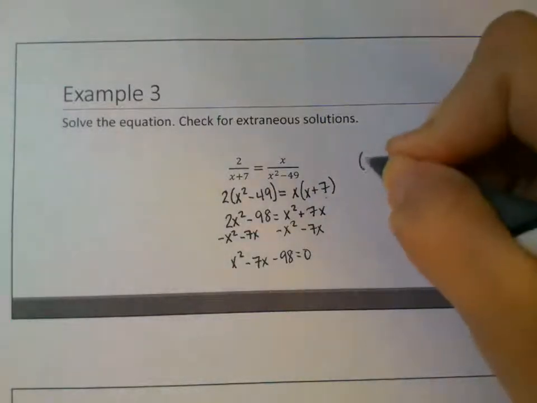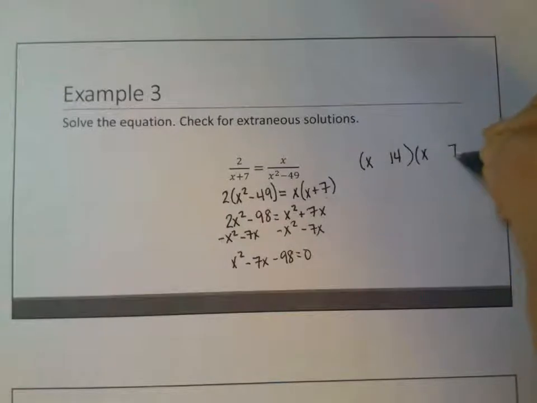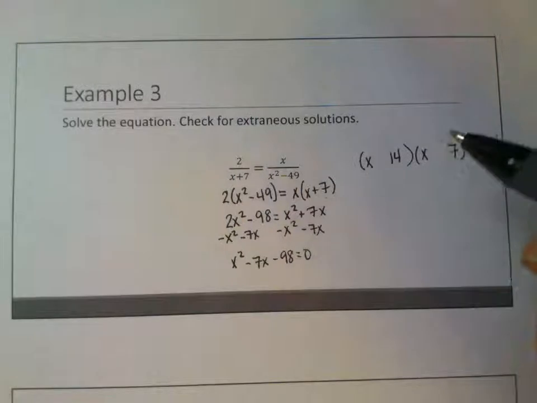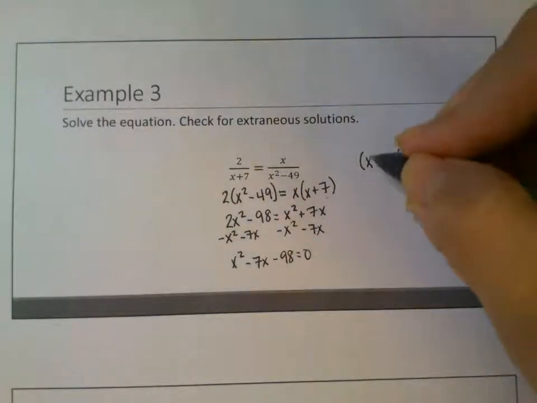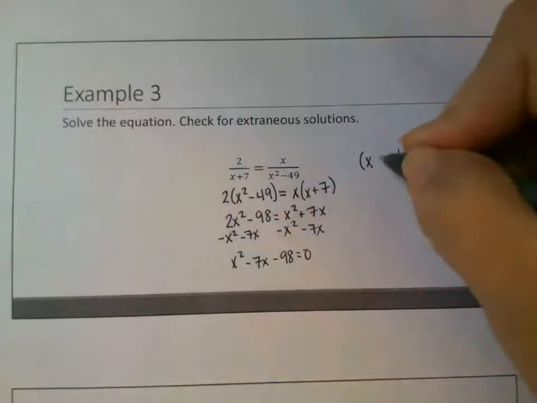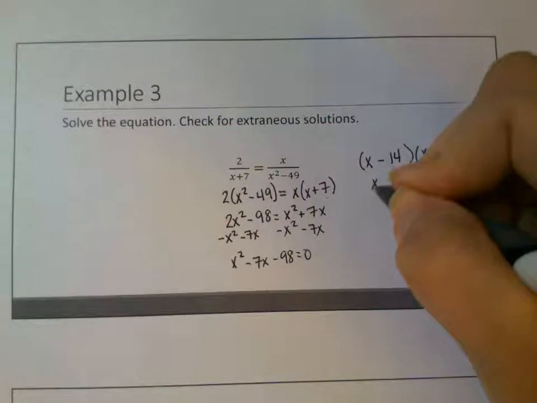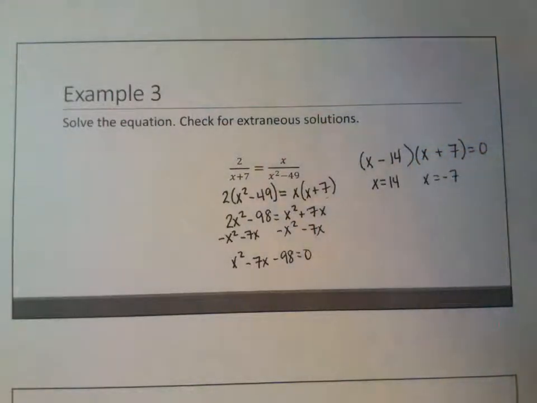So I'm going to factor this into x, 14, x and 7. And then I'm going to say this sign means that they're going to be different. And this tells me that the negative, or this sign right here, goes with the bigger number. So -14 plus 7. When I solve this, I get x equals 14, x equals -7.